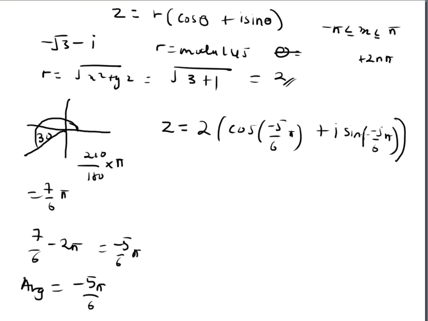Now, we all know that cos is an even function. Therefore, cos swallows the negative, in layman's terms. So we get 5 on 6 pi.